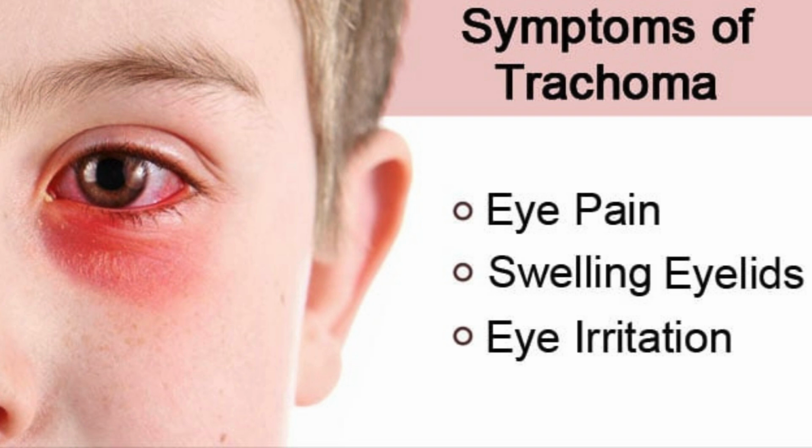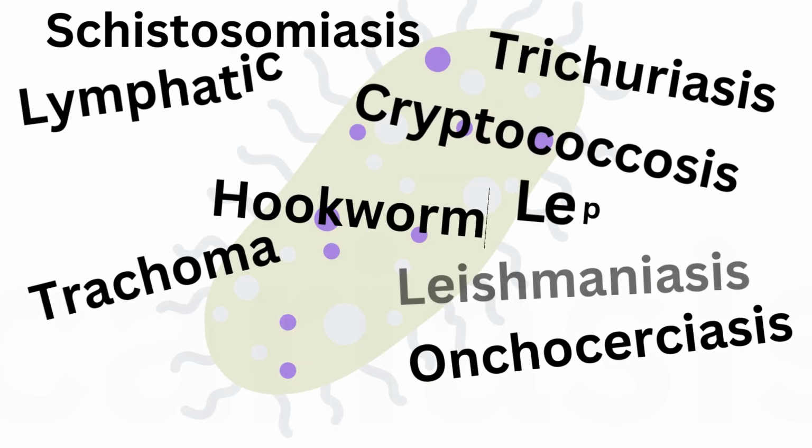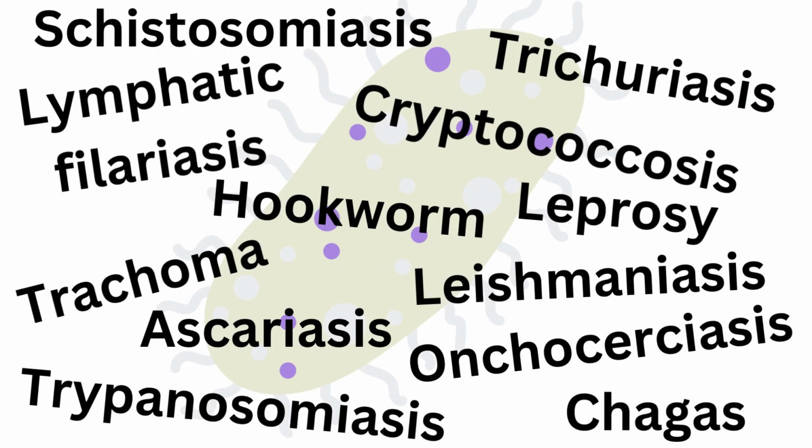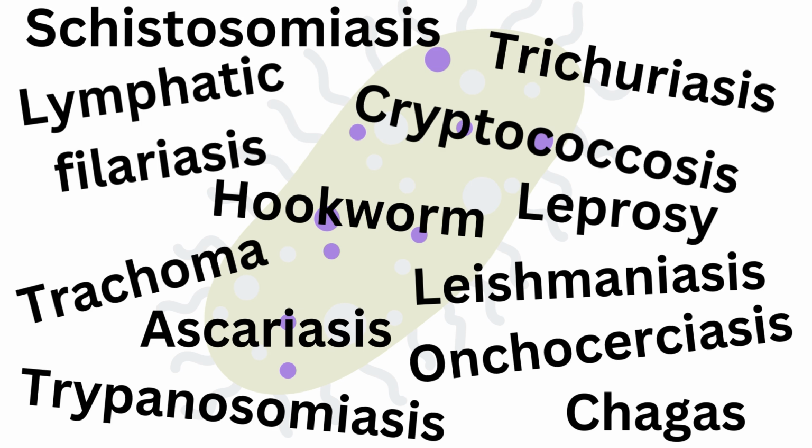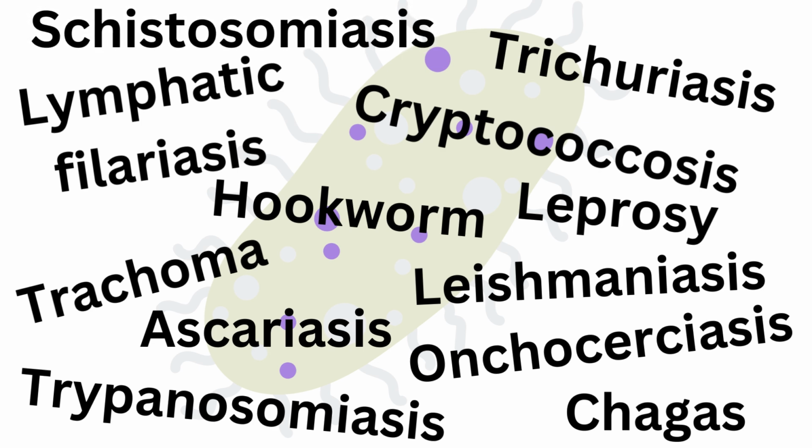In addition to these diseases, several other neglected tropical diseases also pose significant health challenges. These include guinea worm disease, human African trypanosomiasis, sleeping sickness, onchocerciasis, river blindness, soil-transmitted helminthiasis, Buruli ulcer, yaws, and snakebite envenoming.